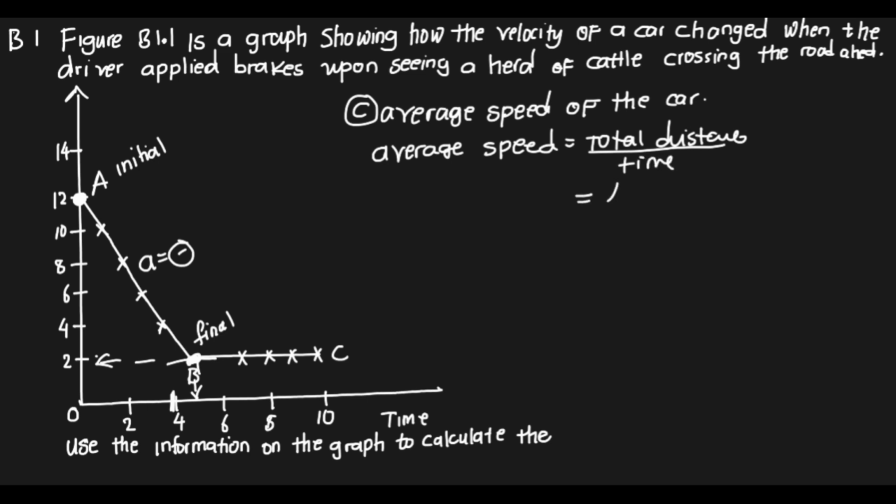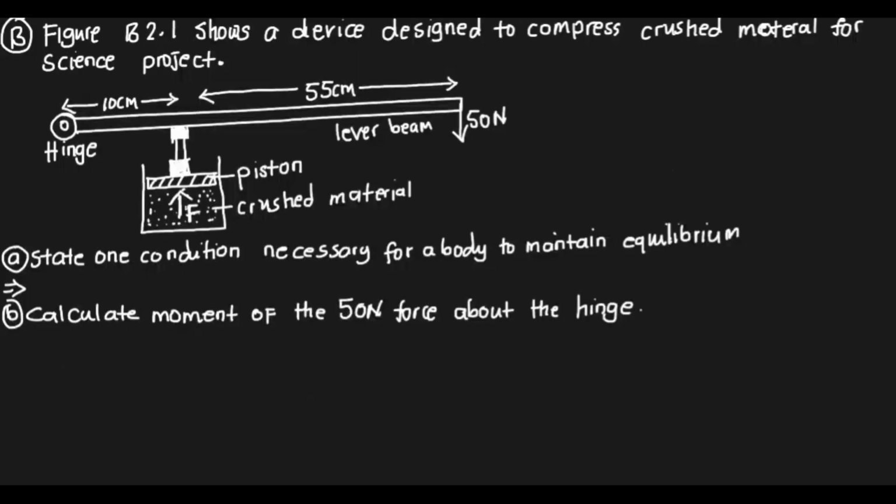We are saying it's 45 meters over the total time taken, which is 10 seconds. So if we divide the 10 into 45, it will give us 4.5 meters per second. So this is how we can answer this question. Okay, so now we move on to question 2.